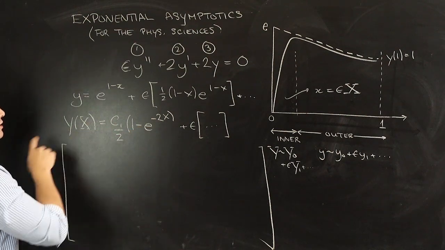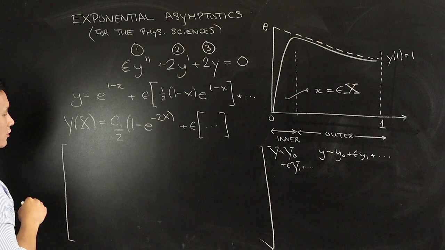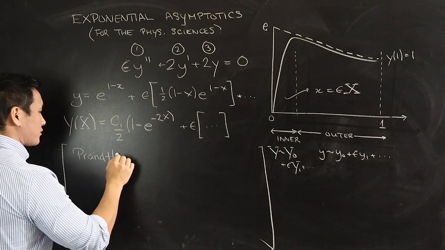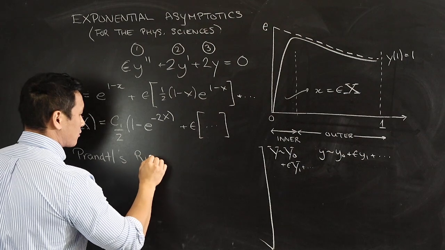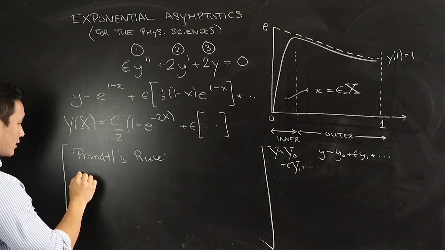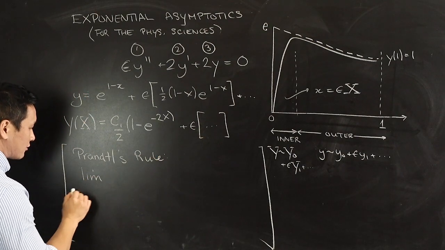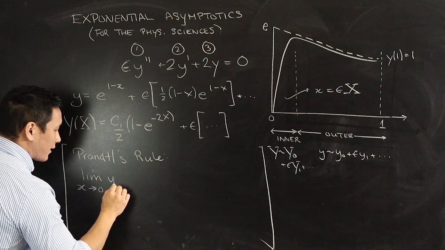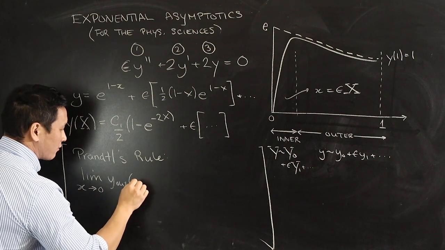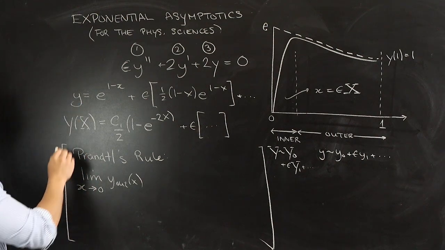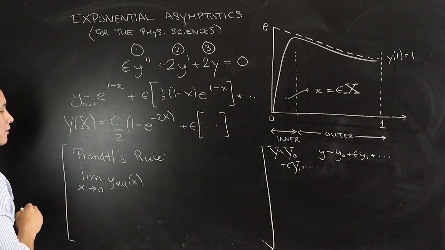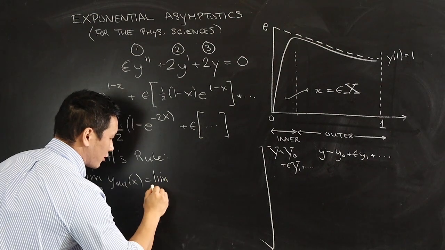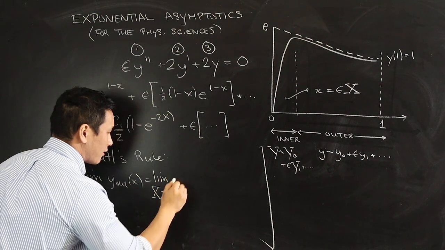To get this constant of integration, you can use what's called Prandtl's rule, which is the inner limit of your outer solution, the limit as little x tends to 0 of y out. That's this one here, if I write y out here, is going to be the limit as your inner coordinate tends to infinity of your inner solution.